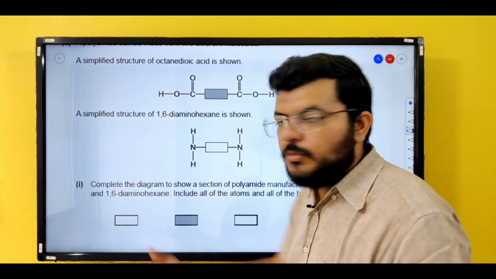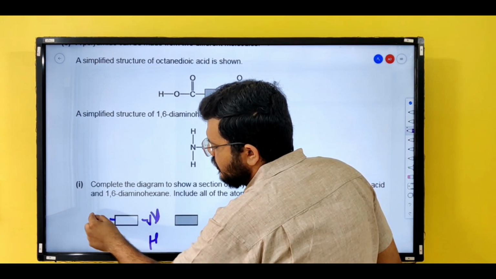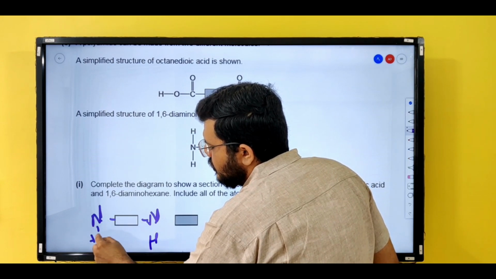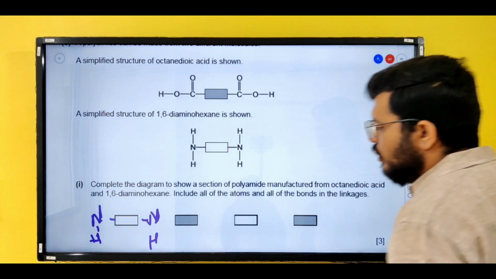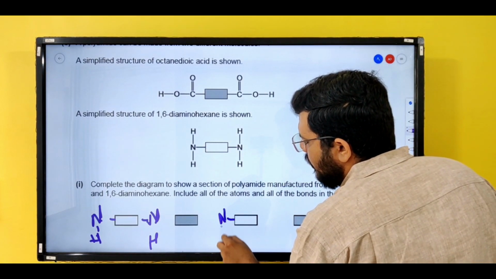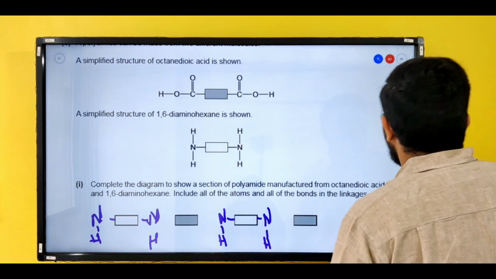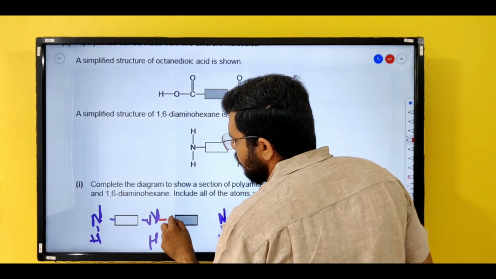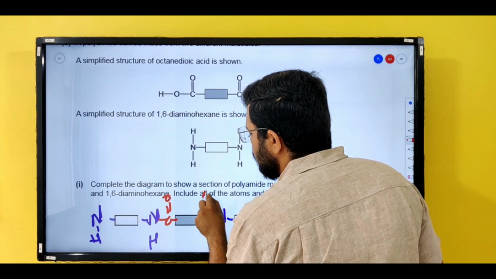So this is an empty box, which means it has NH on both sides. Now we have done this previously, understanding what the box means and what to draw. So let's just draw NH on both sides of the box, right? And let's draw C double bond O on either side of this dark box, right?